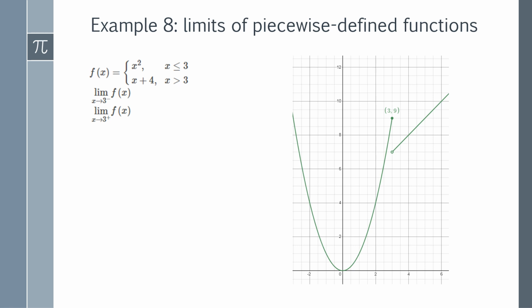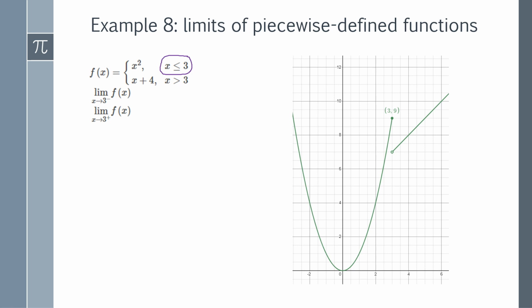Let's take a look at the next set of examples where we're working with limits of piecewise defined functions. So the first function is f of x that's defined to be the parabola x squared on the interval from -infinity to +3, including the 3. And you can see the graph of that function over here.